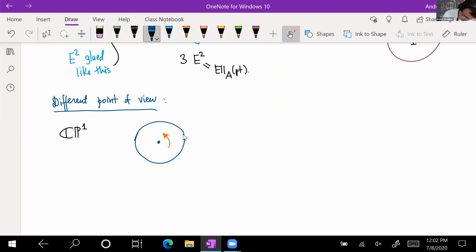So there is U1 in the boundary here, and we glue it to just a point. So maybe this is 0, and this is the point which is infinity, right?